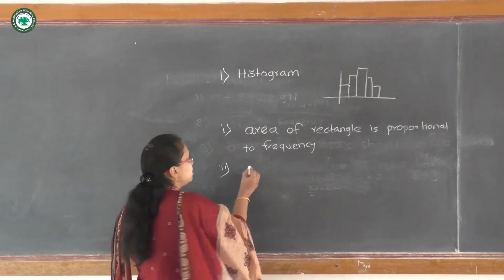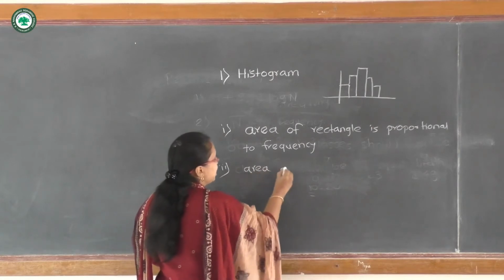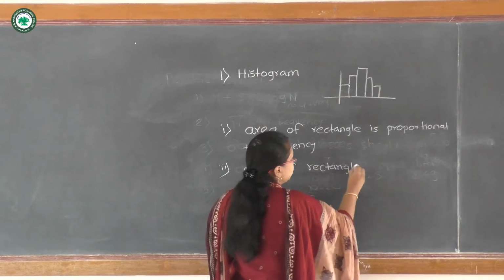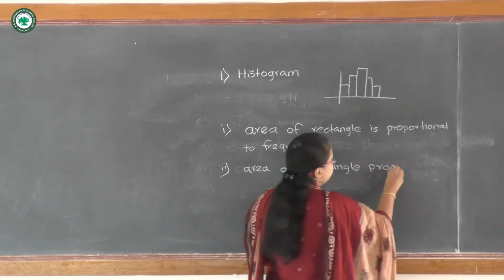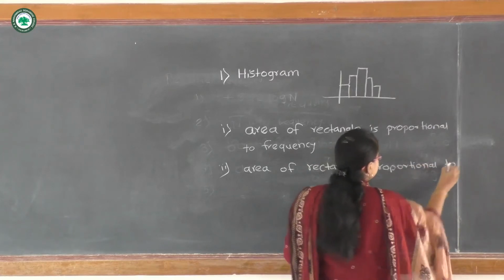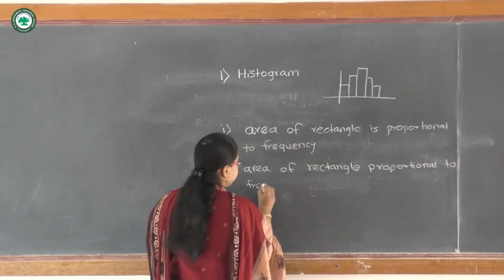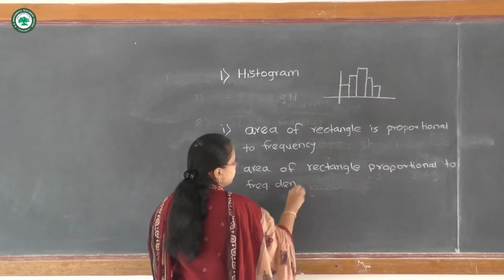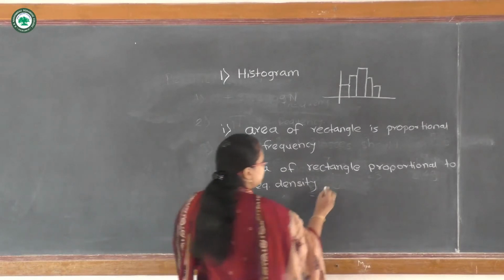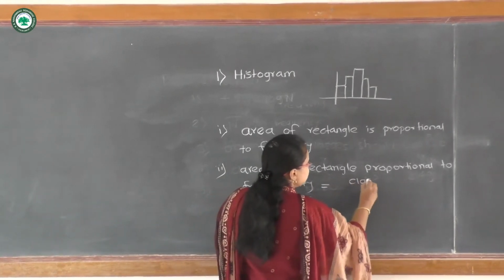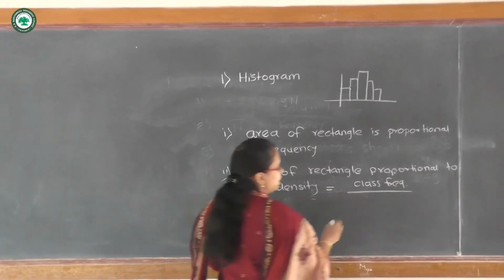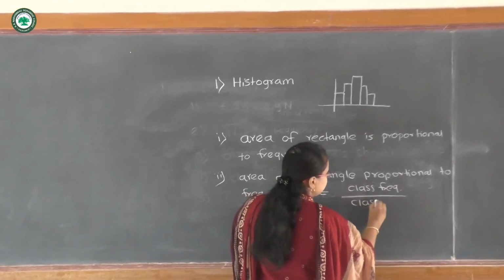Then we have to take the area of the rectangle proportional to frequency density, and the formula to calculate frequency density is class frequency in the numerator and class width in the denominator.